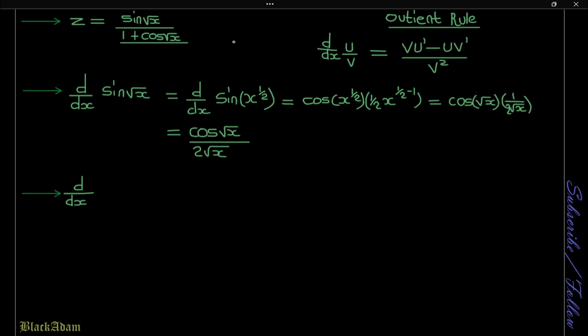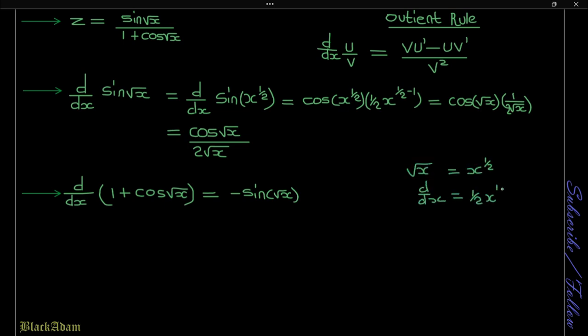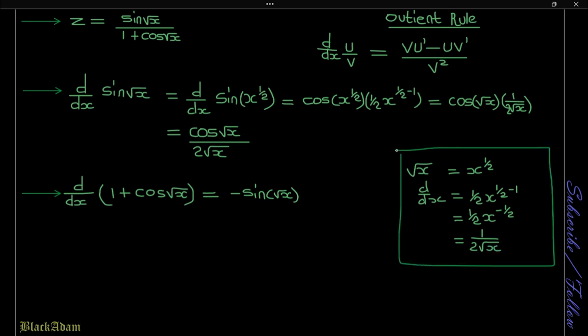Then d/dx of the denominator, 1 plus cos root x. We have to derive that. Remember, the derivative of 1 is 0, so we have negative sine root x, and then d/dx of root x is half to the power negative half, so that means we have 1 over 2 root x, just as above.